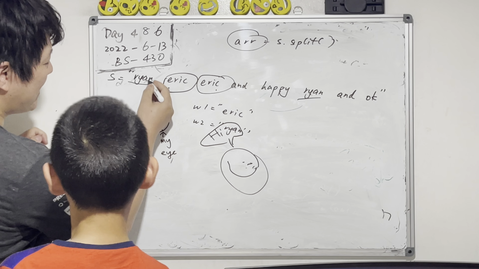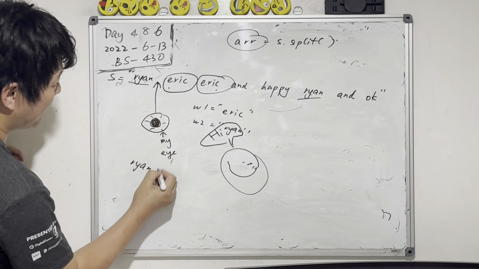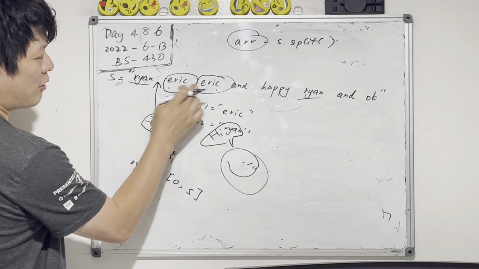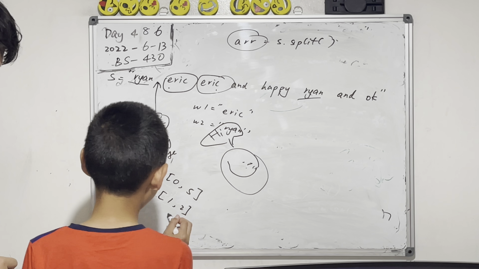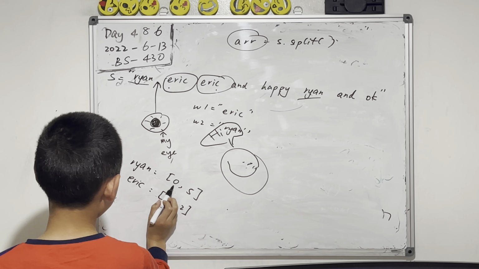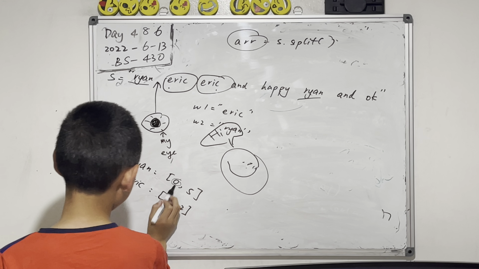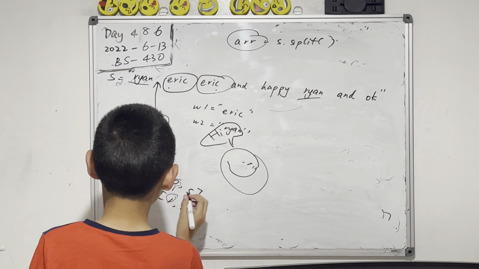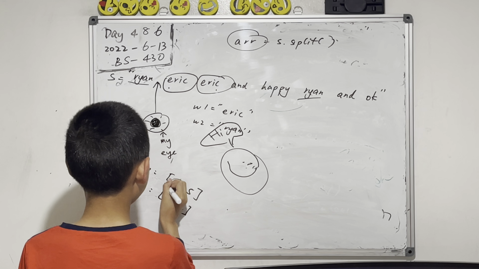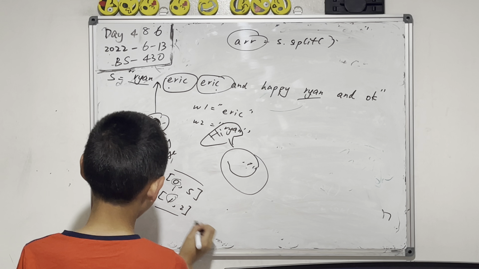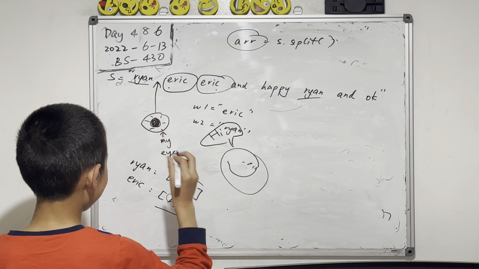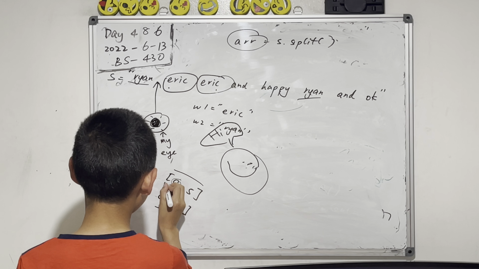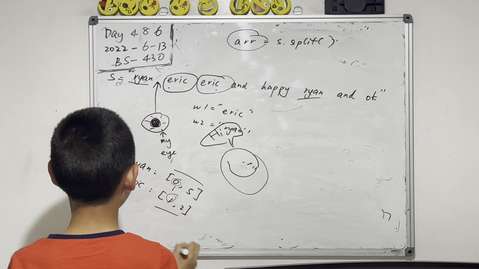Suppose the indices for Ryan are 0, 5, and the indices for Eric are 1, 2. You find the smallest one, this one is sorted, so that's good.